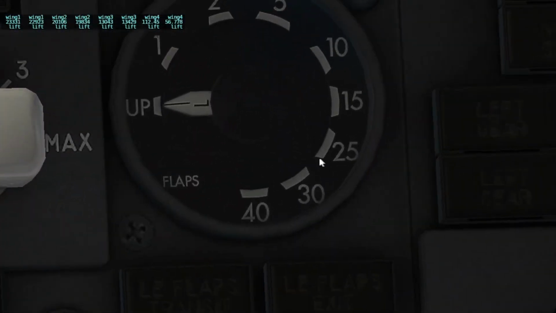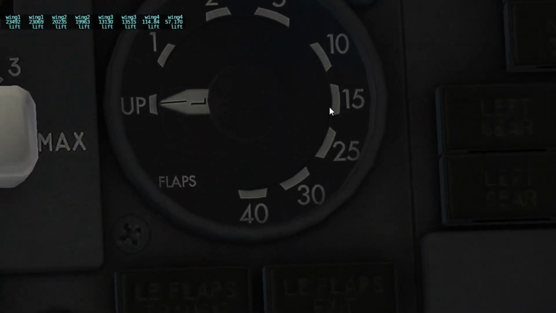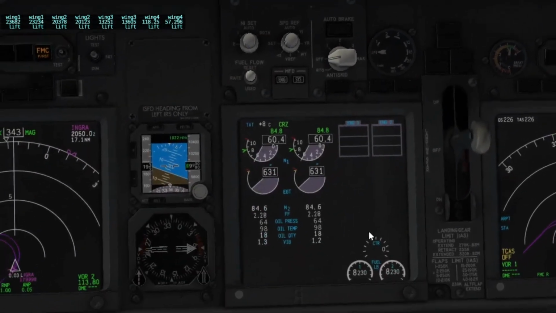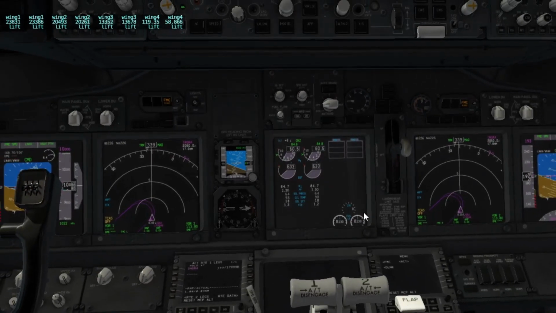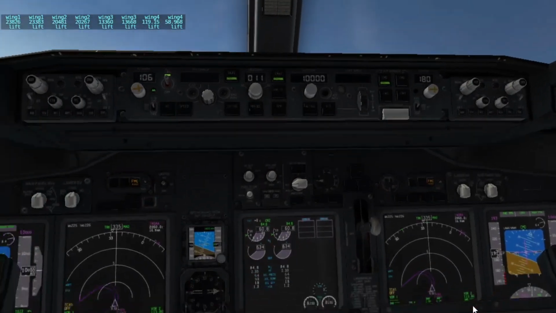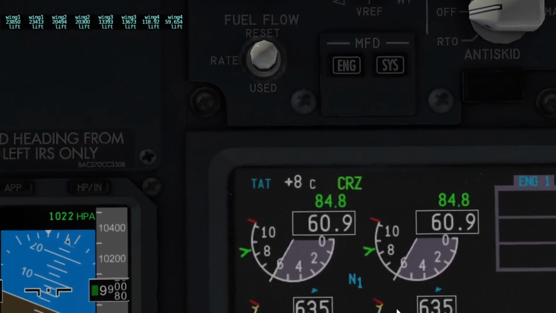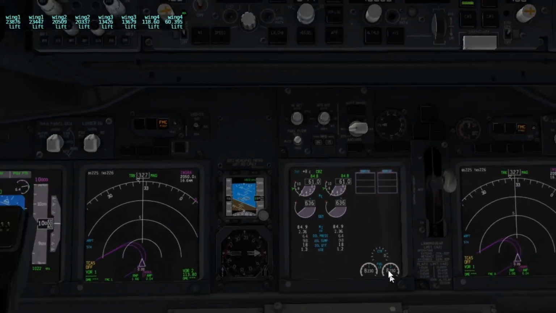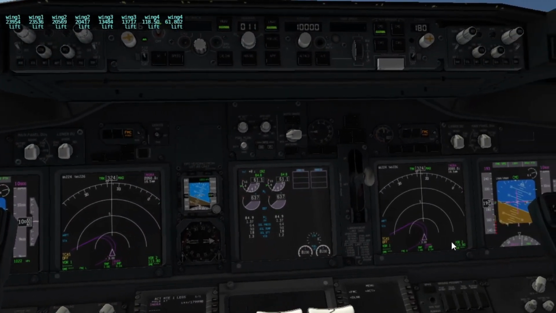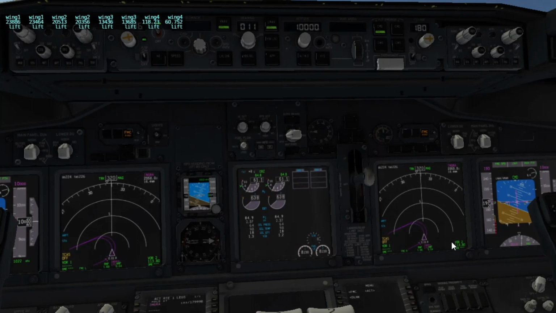Alright, so flaps 30 or 40 for landing, flaps 15 for the go-around; flaps 15 for landing, flaps 1 for the go-around. The overall idea is that in the go-around, you want to reduce drag on the airplane, right? So you want to get as much lift out of the airplane as possible.